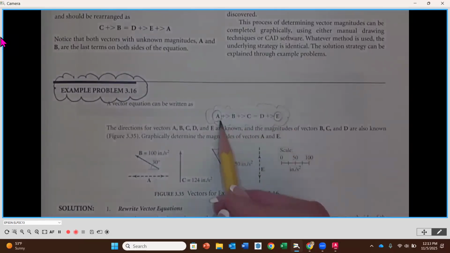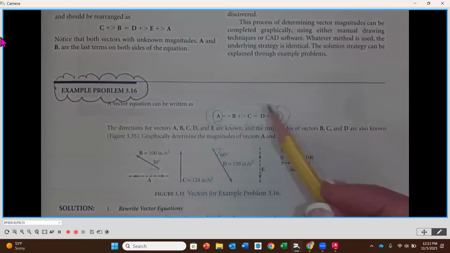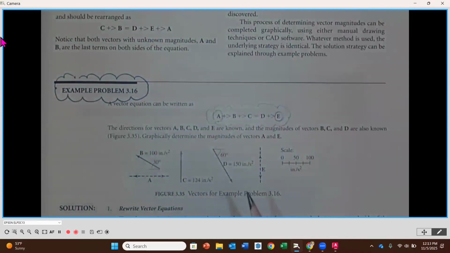So for instance, if we wanted to do it in the order of A plus B plus C, if we start with A, and let's say I put an origin right here, because we don't know how long it is, we don't have a tip to put the tail of the next vector, okay? So what that means is we can't start with A. We have to actually put it at the end. We have to start with the 2 that we know that are fully defined. So whether it's B or C, we just have to start with one of those 2. And then we're going to put A at the end, okay?